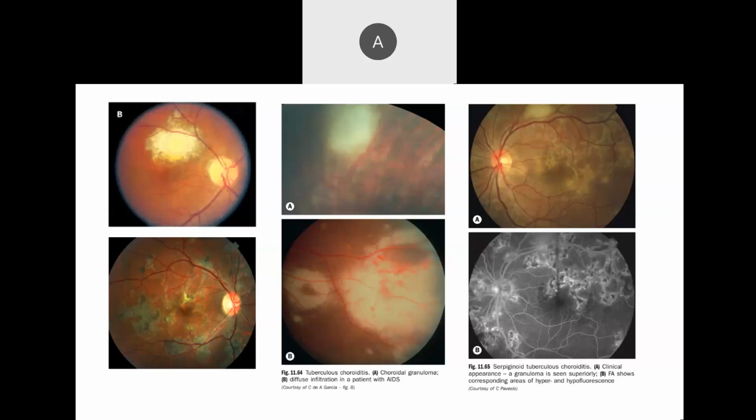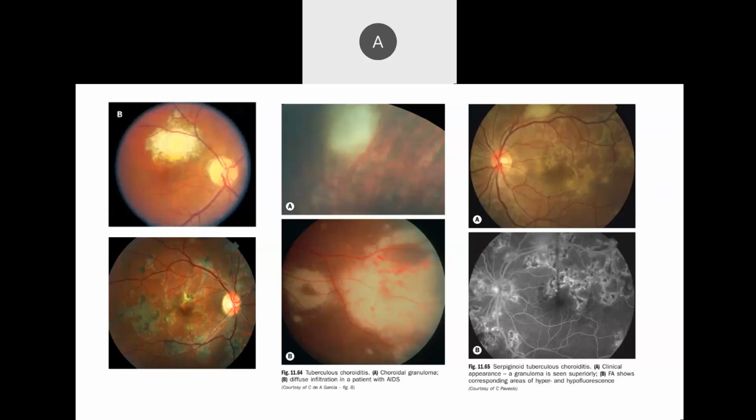And then the examiner will ask, okay, how do you differentiate choroiditis and retinitis? Can you appreciate that there is a blood vessel that goes above that white patch? If the lesion is under the blood vessels, it's a choroidal lesion. So this is choroiditis. If retinitis, it is more superficial, you will not see those blood vessels.